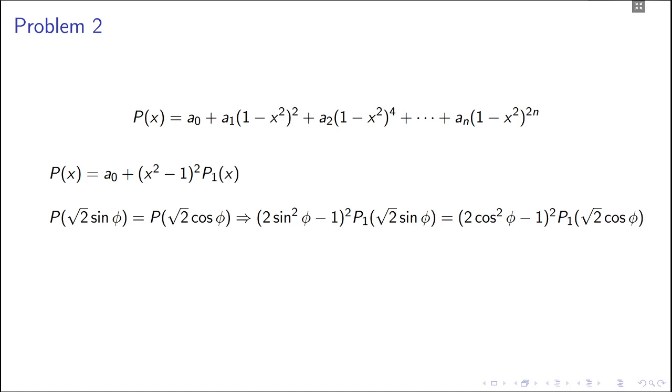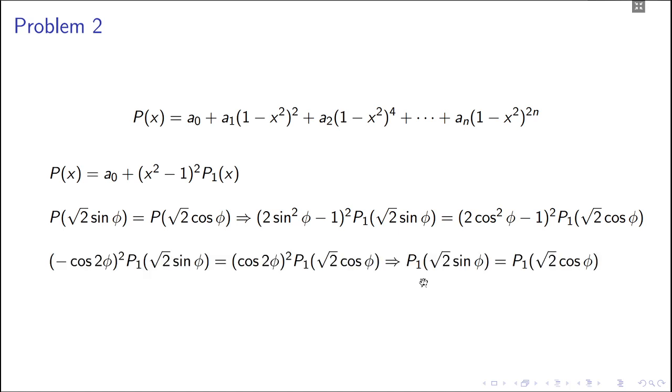So this time there's no negative sign, and basically what you get is P1(root 2 sin phi) equal to P1(root 2 cos phi). So P1 has the same properties as P, just that the degree of the polynomial will be smaller. P1 has the same properties as P(x), except that the degree has decreased.